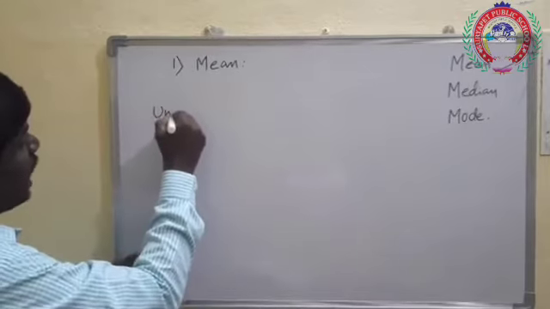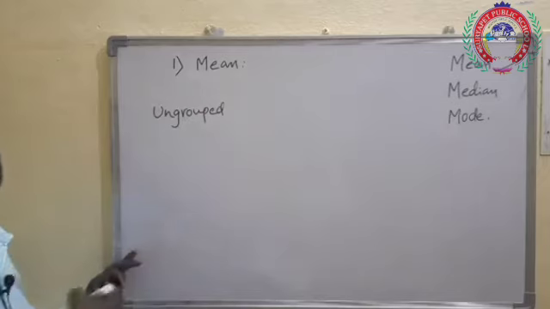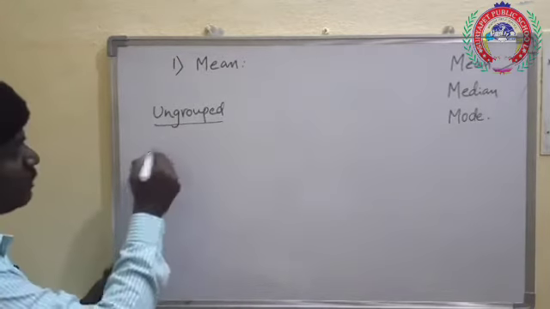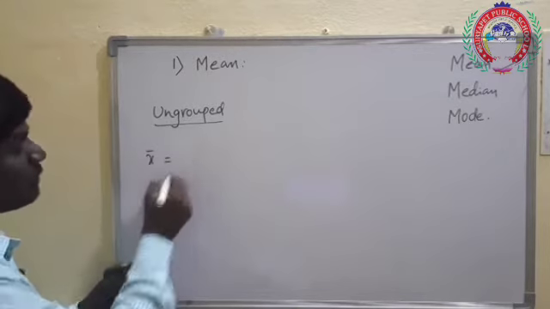First, when we see ungrouped data or unorganized data, the mean can be found by using this formula, and mean is denoted by x bar.